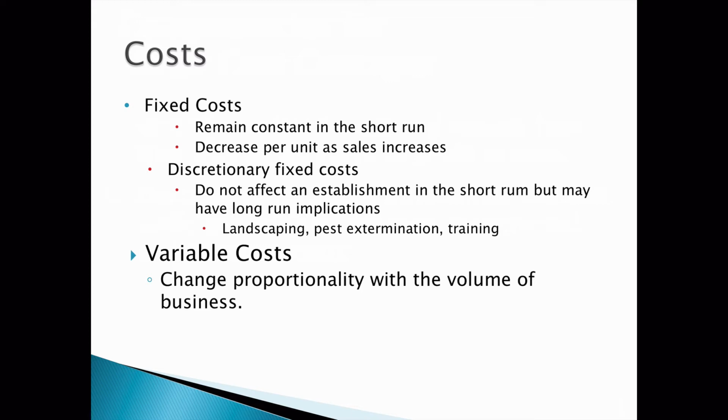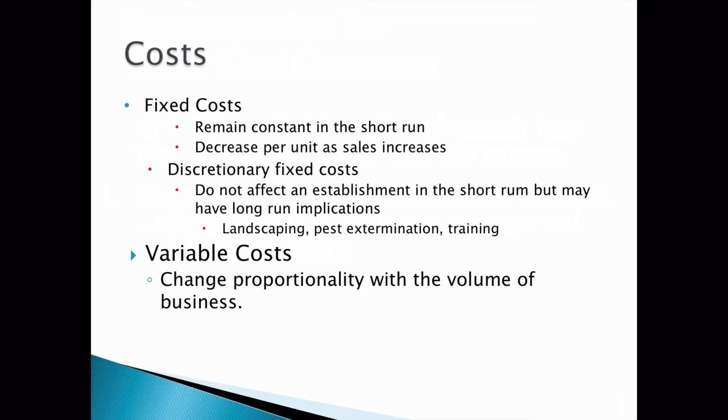If they don't have enough money to cover the landscaper and have it professionally done, then they're starting to have problems. The other example is pest extermination. You could cut pest extermination out for 2, 3, 4 months, and you may not have any problems. But once you have problems, you have big problems.